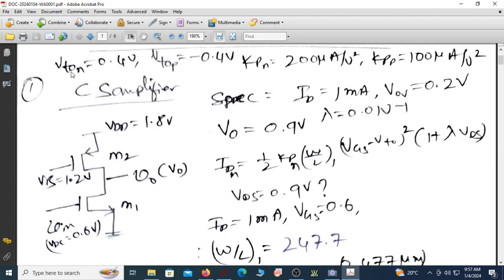Since VTH is equal to 0.4, the VGS of both the transistors has to be 0.6. We are also assuming one more condition, that the DC voltage at this point be 0.9, because that is half of your VDD, which is 1.8.